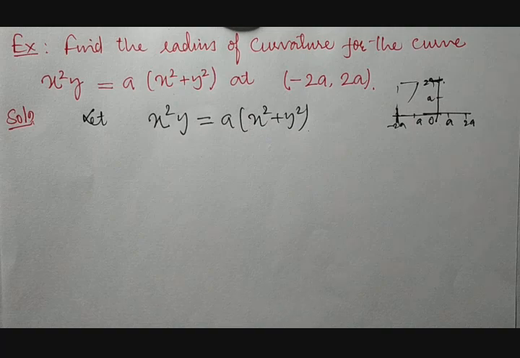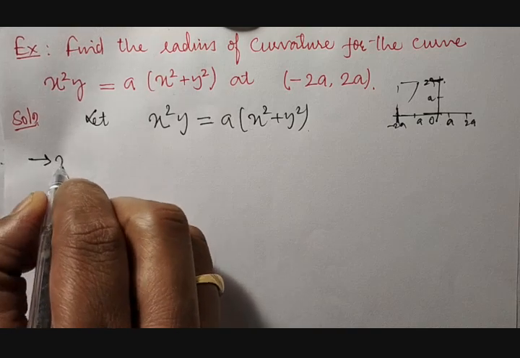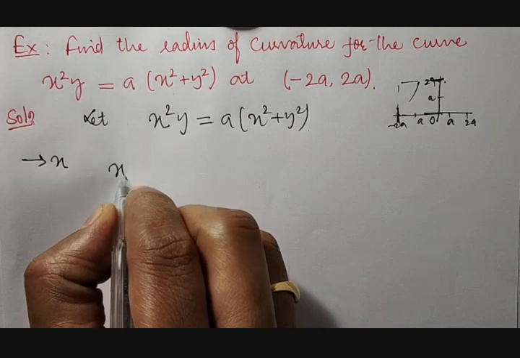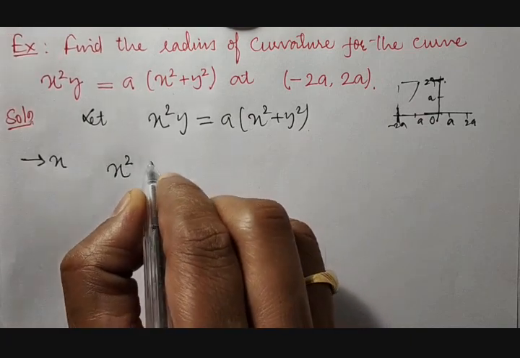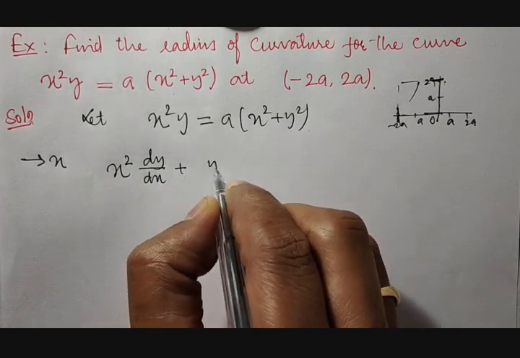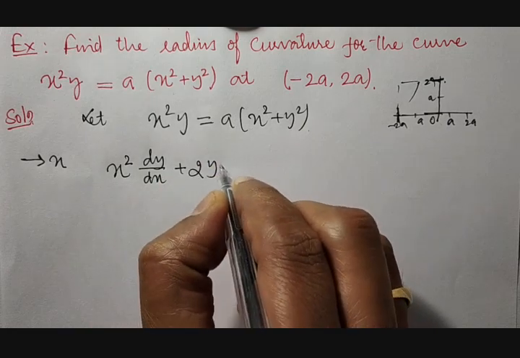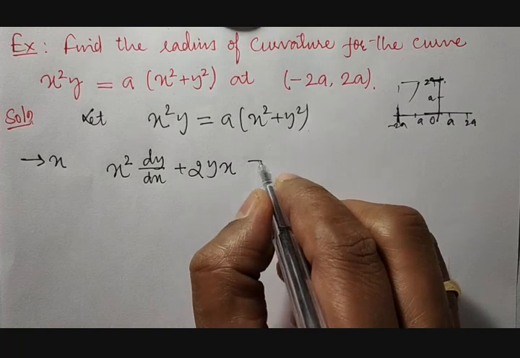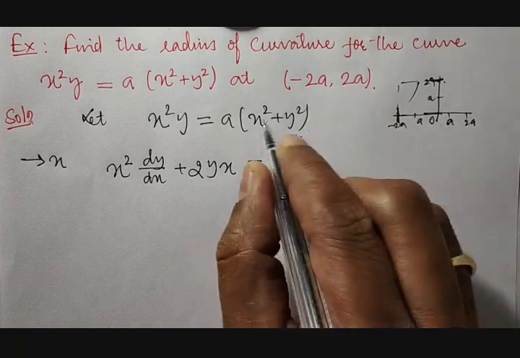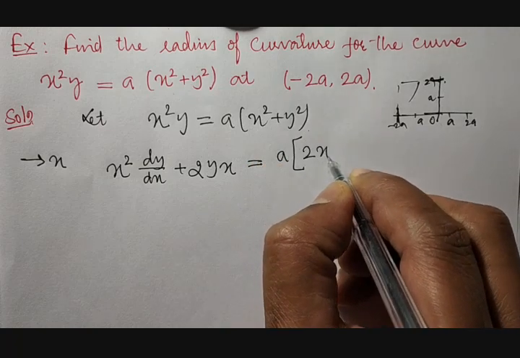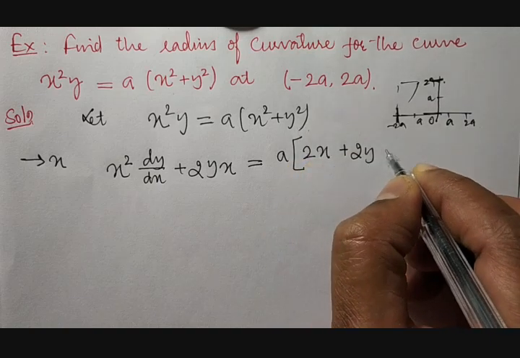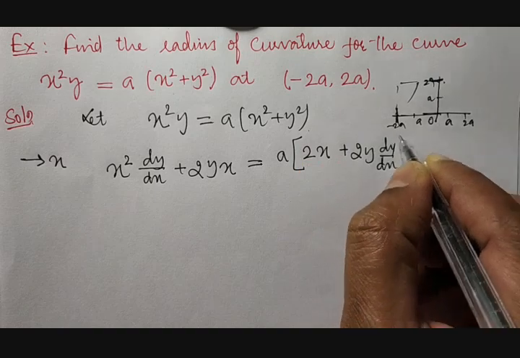Therefore, differentiating this with respect to x, it becomes x square common and differentiation of y is dy by dx, plus y common and differentiation of x square is 2x, which is equal to a into differentiation of x square, 2x, plus differentiation of y square, 2y into dy by dx.